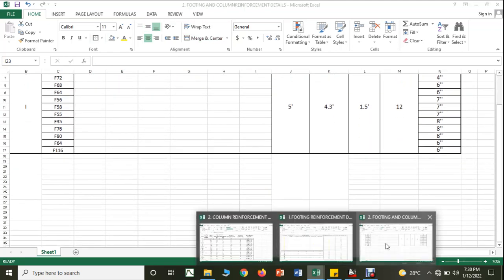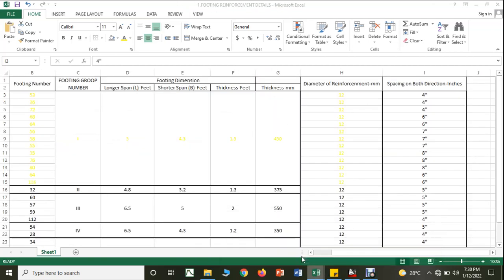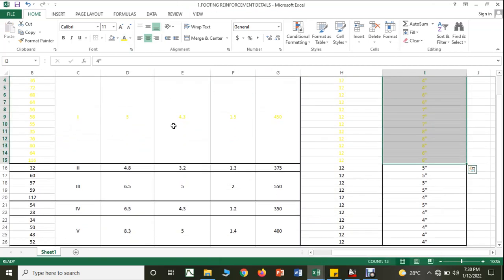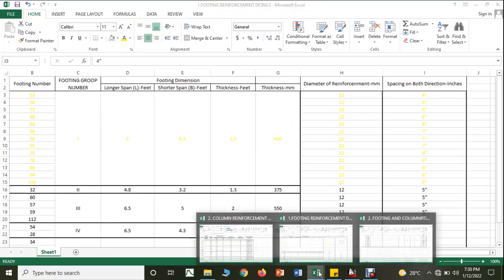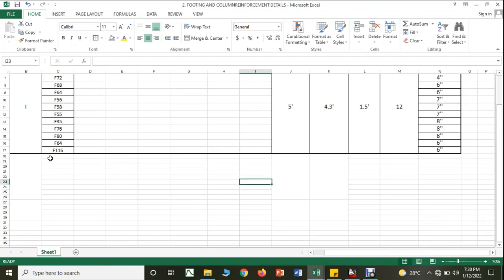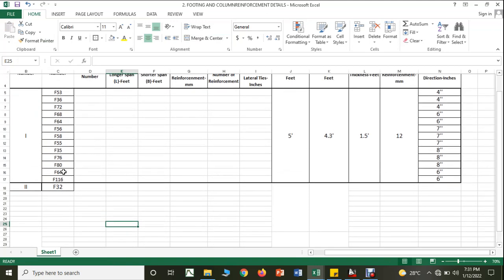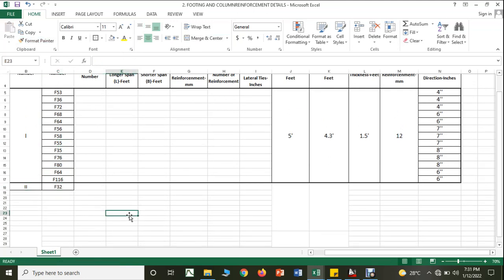Now let us go to the second set, that is the second set of number 32. So F32, and this is only the second set. Okay, this is the second set.